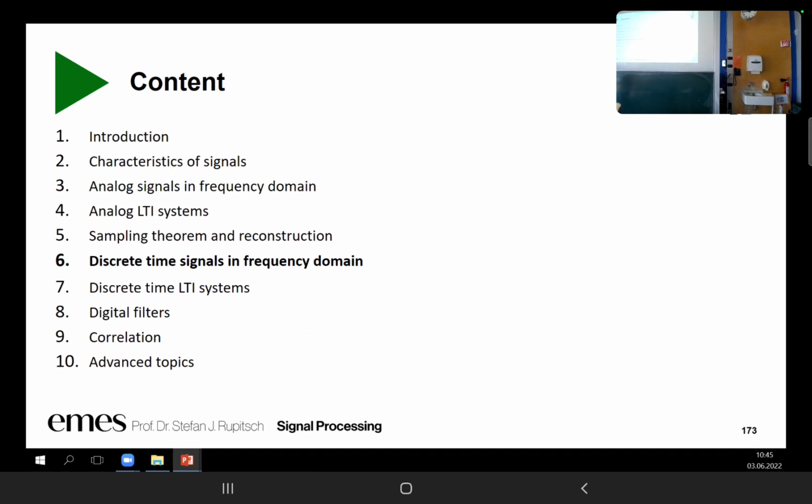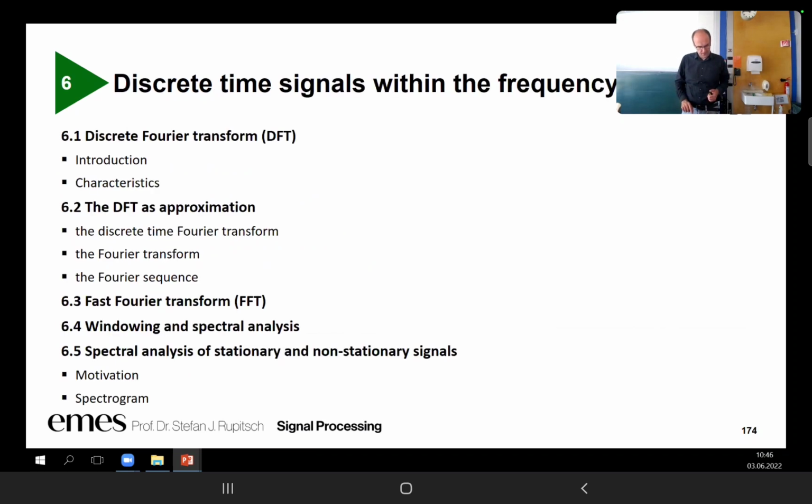We already started with this because we discussed the discrete time Fourier transform, and we introduced the discrete Fourier transform. In this chapter, we will use both to describe our signals in the frequency domain.